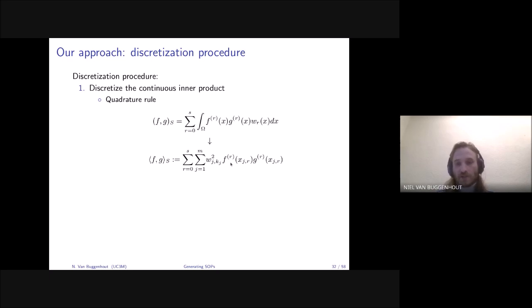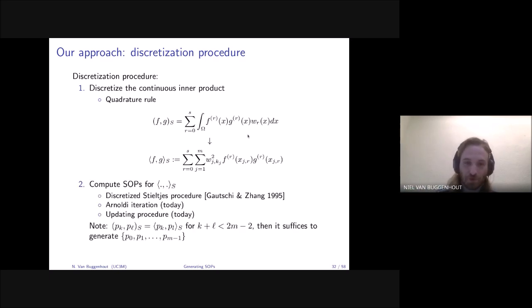This can be quite challenging because the supports of these different integrals might not be the same, so you have to make some effort to get quadrature rules which make sense in this linear algebra setting.